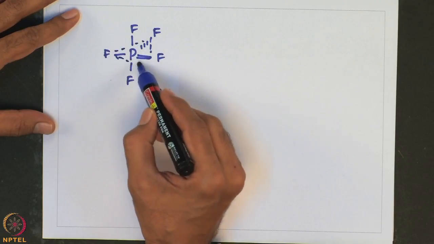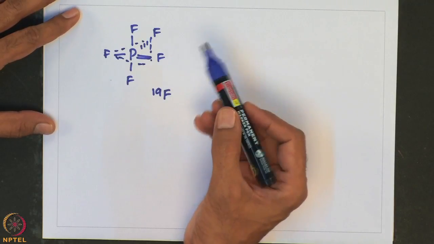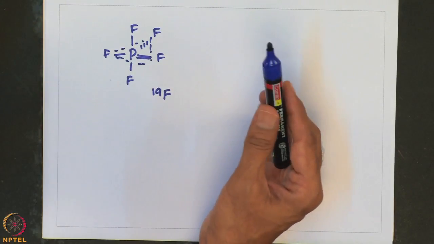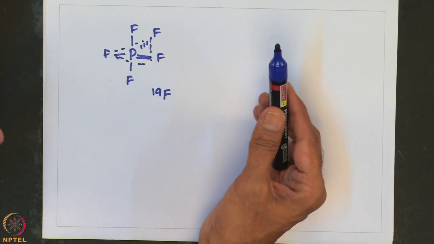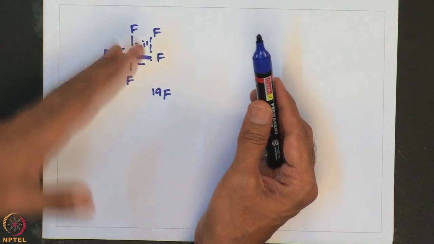because of Berry pseudorotation. I had already explained what Berry pseudorotation is, how that proceeds via a square pyramidal intermediate in which axial bonds are changed into equatorial bonds.